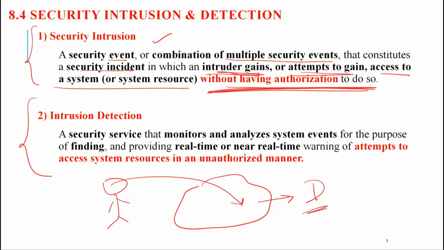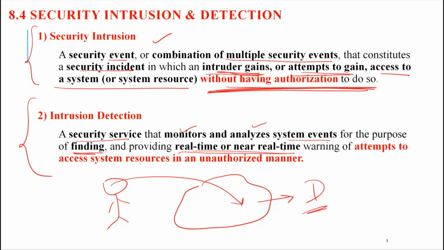Now you can see the formal definition. It is a security service that monitors and analyzes all the events going on in a particular network or system, for finding and warning of attempts to access system resources in real time or near real time. Real time means it will be running continuously.